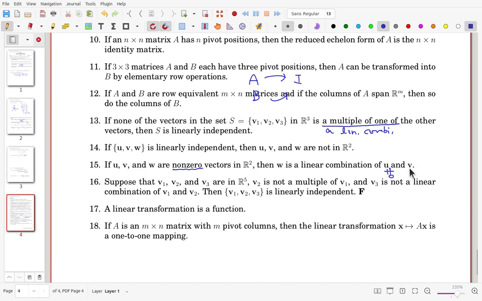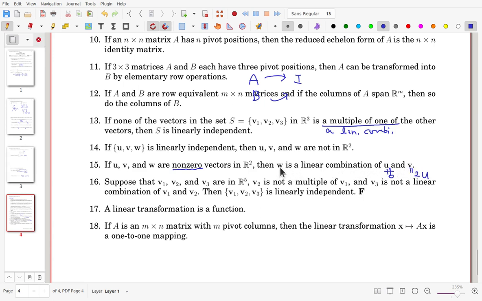Now v, let's say, is twice of u, then the linear combinations will again be multiples of u, because v is simply twice of u.